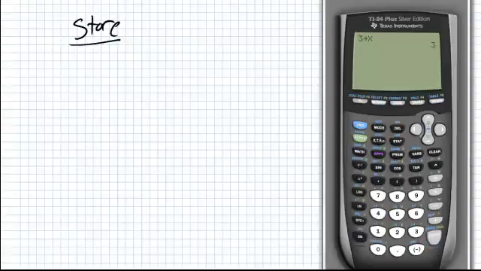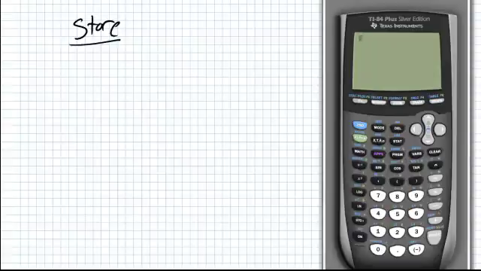Let's do that again. 3, store, it's right above the and button, X. The nice thing about that is whenever I use an X now, X is going to be represented by 3. So if I want to know X plus 2, that should be equal to 5. And it is. If I want to know X squared, that should be 9. And it is. Nice, huh?